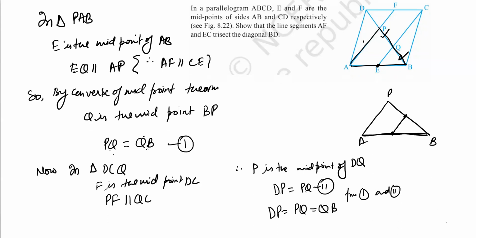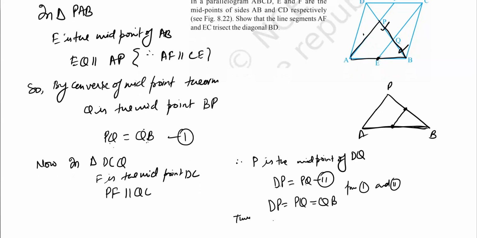Thus we can say that it trisects the DB into three equal parts. Hence proved. Do this question one more time. Okay, sir.